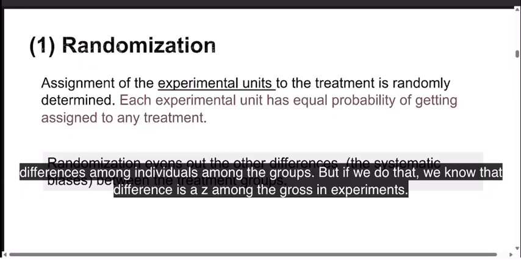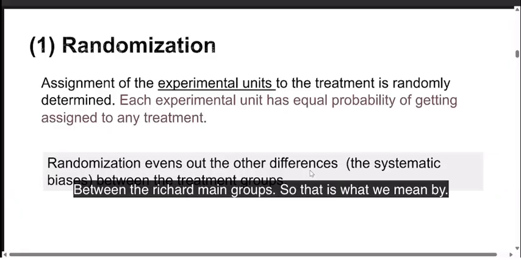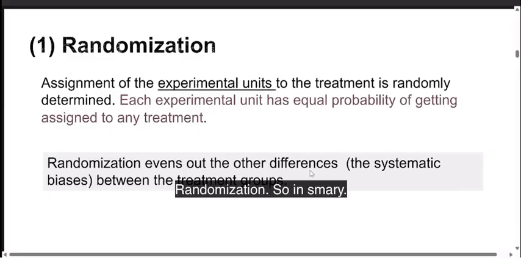Even though we know that differences exist among the groups in experiments, the way we randomize the groups for treatment will ensure elimination of any systematic biases between the treatment groups. So that is what we mean by randomization.